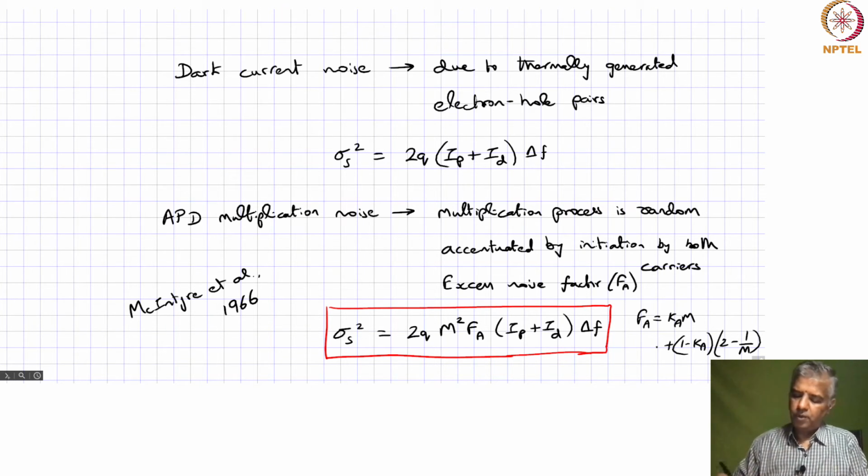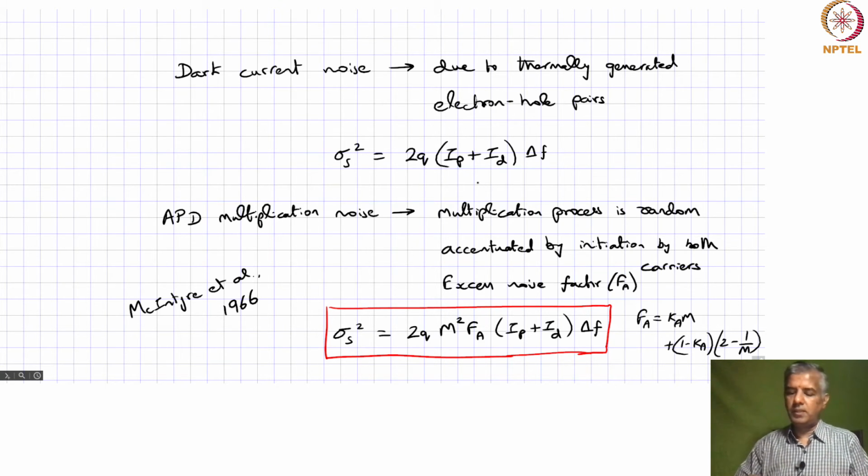So this is actually a generic expression which holds good for both APDs as well as PIN. For a PIN photodiode, FA equals 1, M equals 1. So then you just get what we have over here, right? This 2q multiplied by IP plus ID multiplied by delta F.